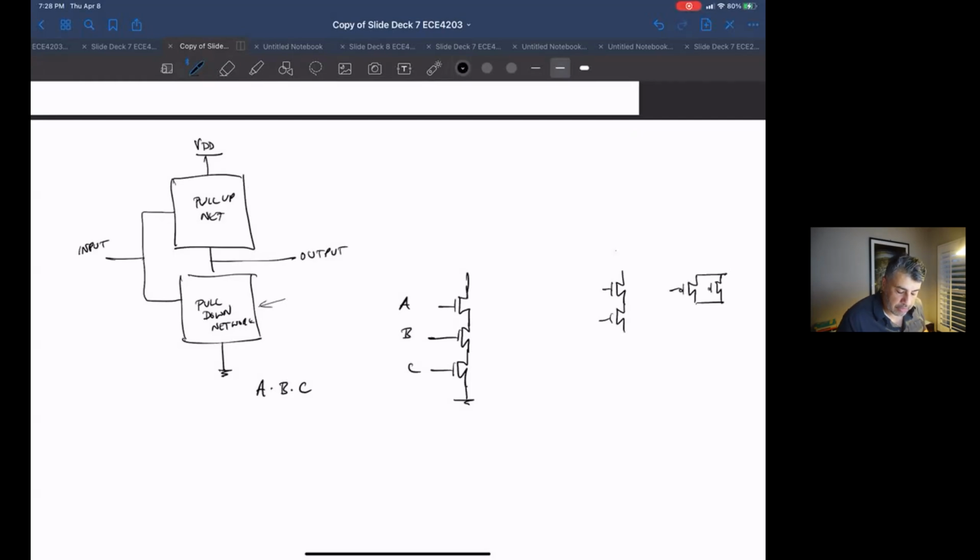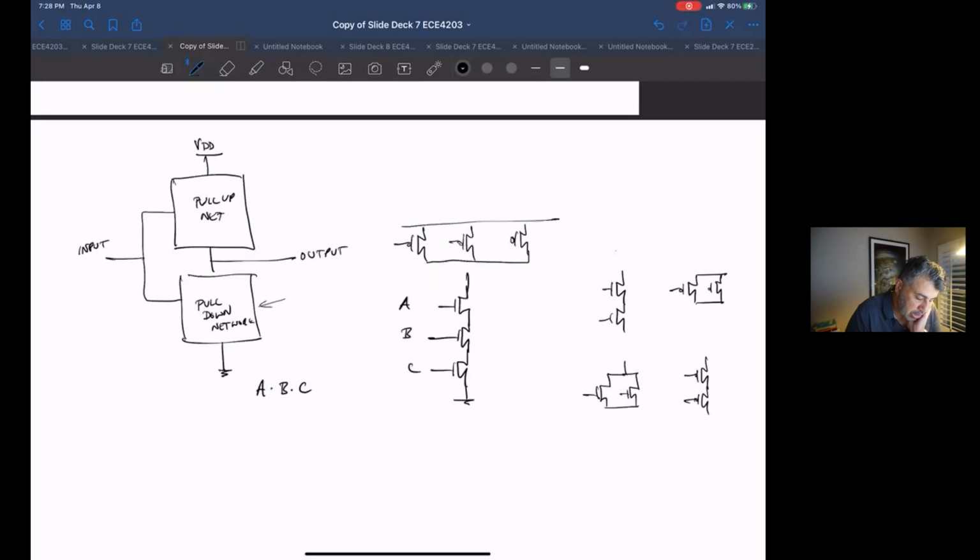Or vice versa, if the pull-down network was in parallel, which it would be in the case of a NOR gate, the pull-up network would be the complement of it, and that would be in series. In this case, the pull-down network is in series, so the pull-up network is its complement, and it's in parallel. So you basically have our 3 CMOS pull-ups in parallel.